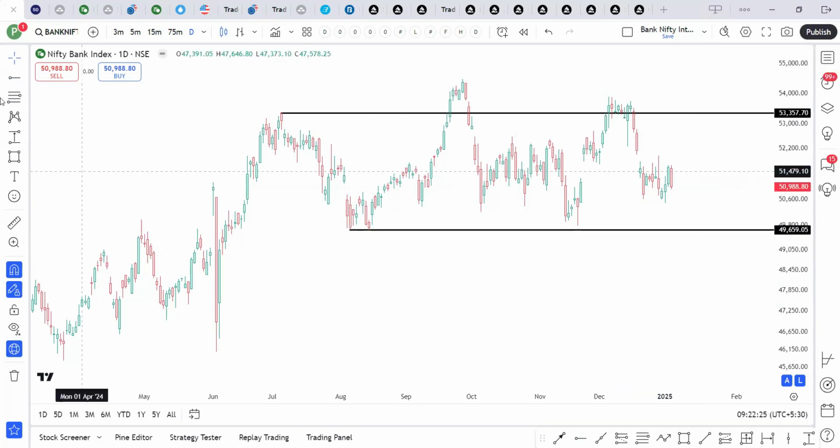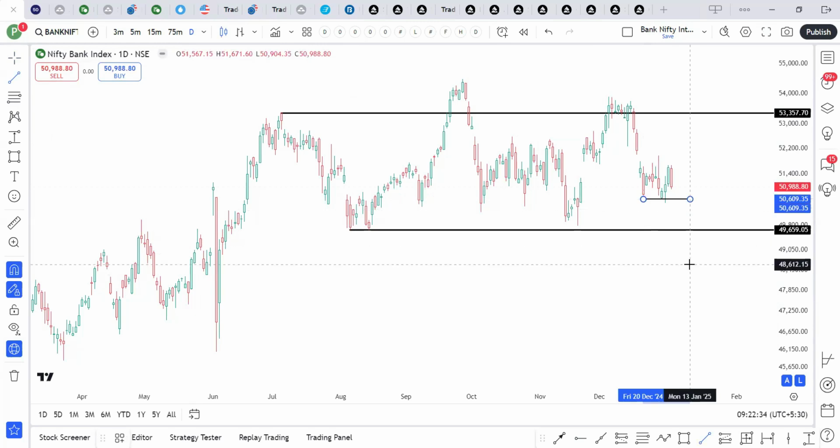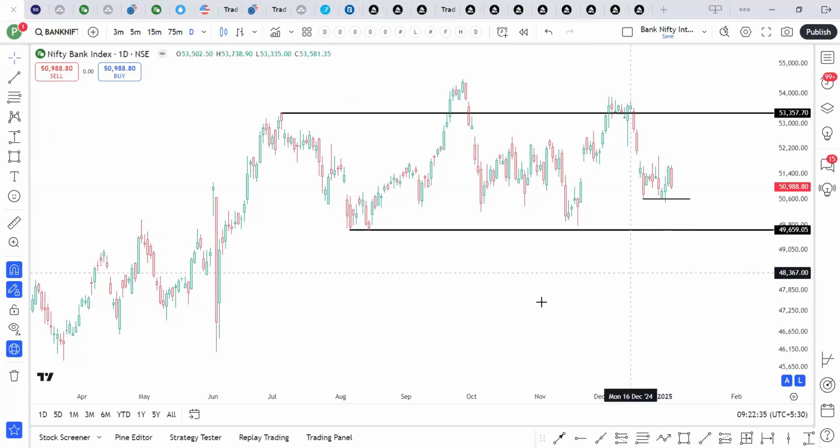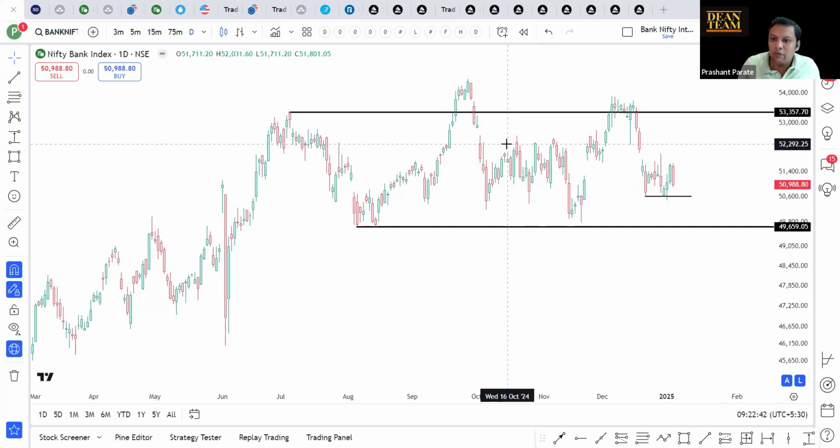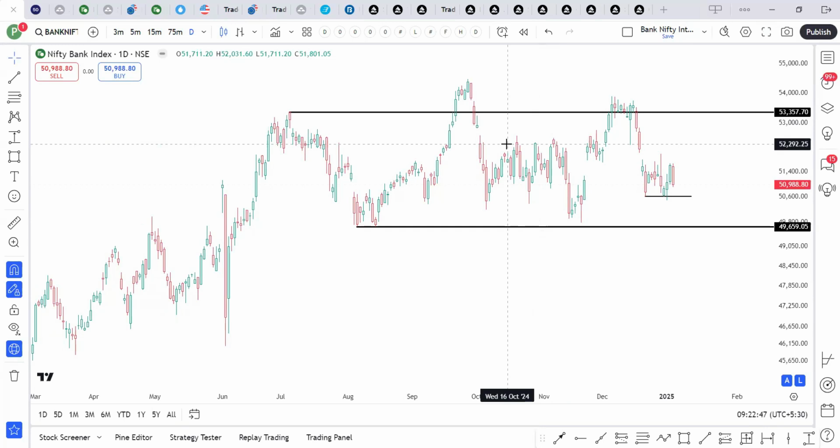So this is phase B. We are in phase B, so I want phase C to confirm, either a spring or a U-turn.